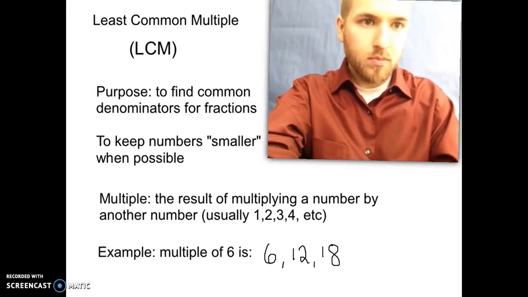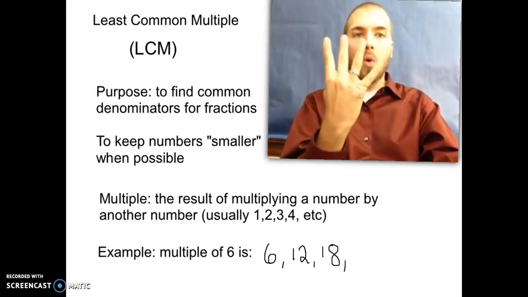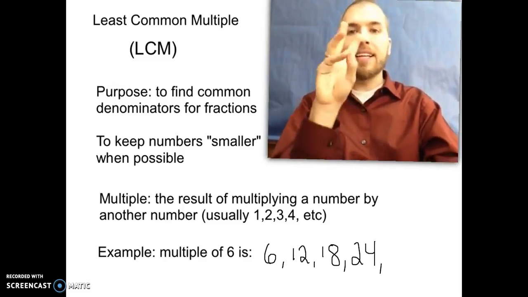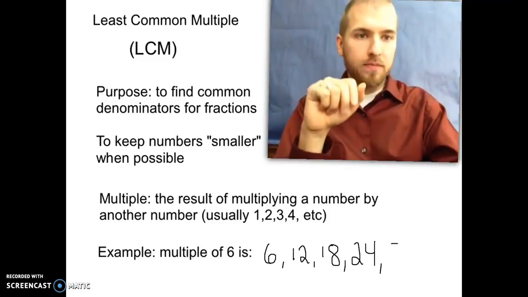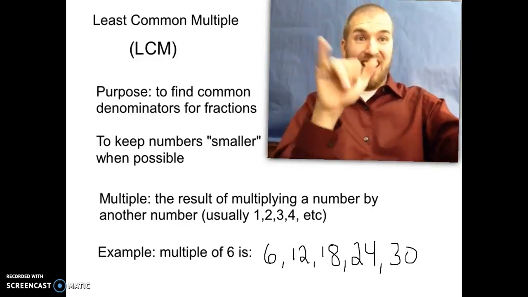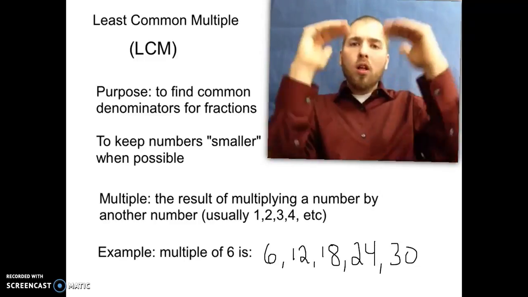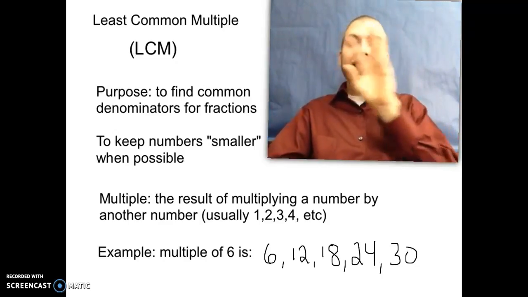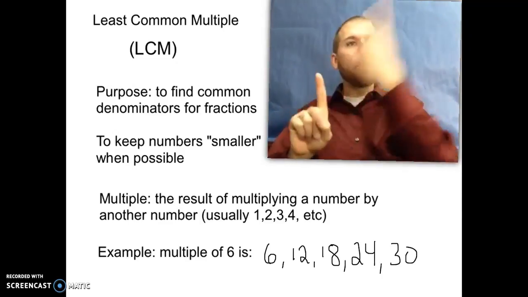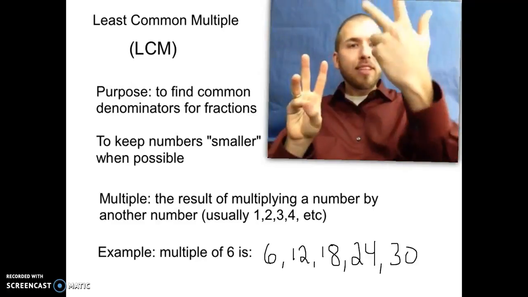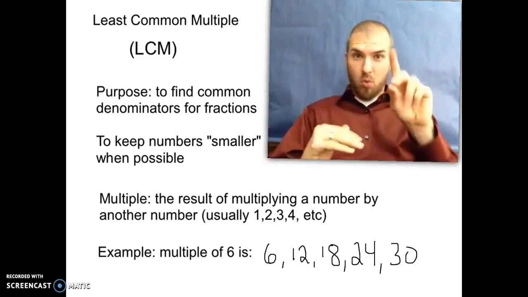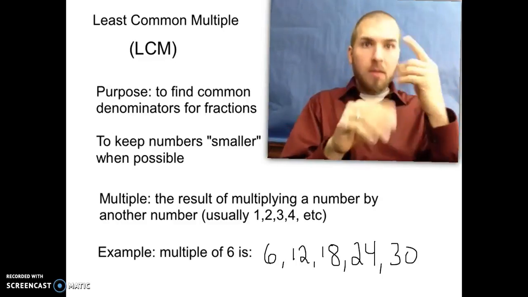So the multiples of 6 are 6, 12, and 18. 6 times 4 is 24. 6 times 5, 30. So those are all multiples of 6. You see the list is 6 being multiplied by numbers 1 through 5.